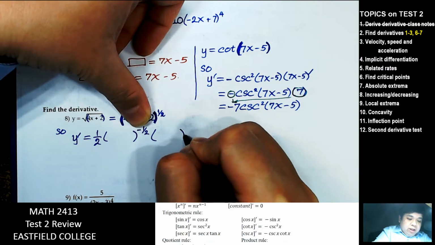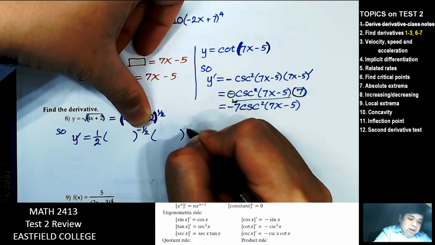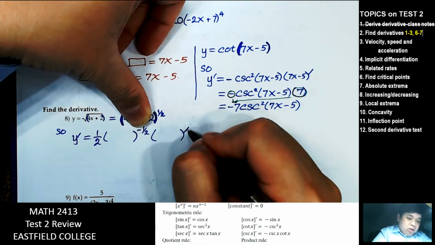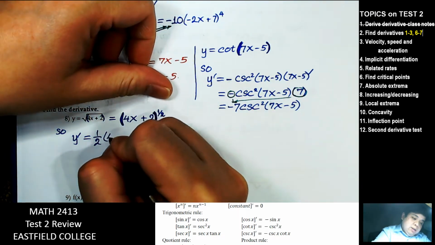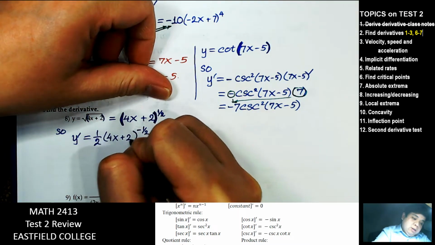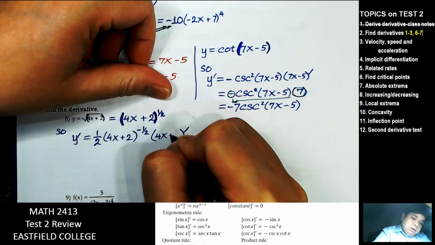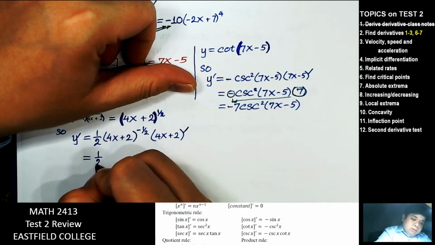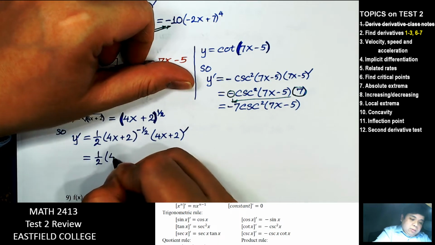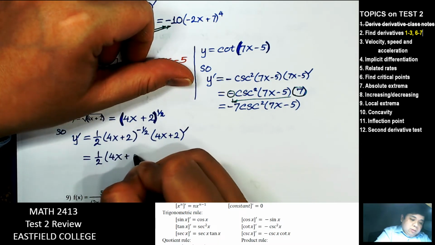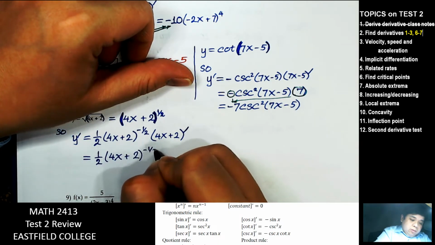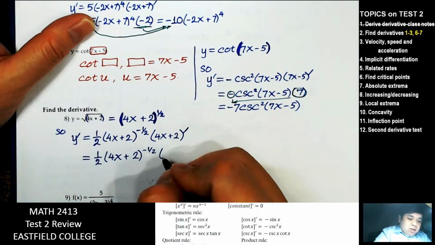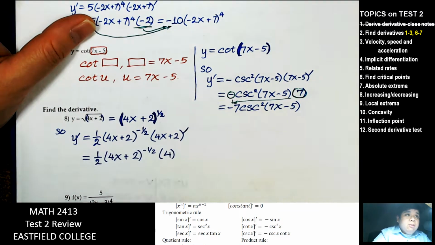and then the derivative of whatever is inside. We take the derivative. Derivative of this is just 4. Right.